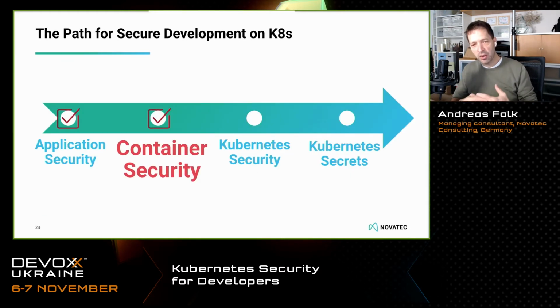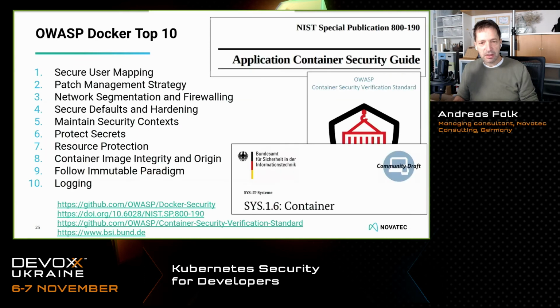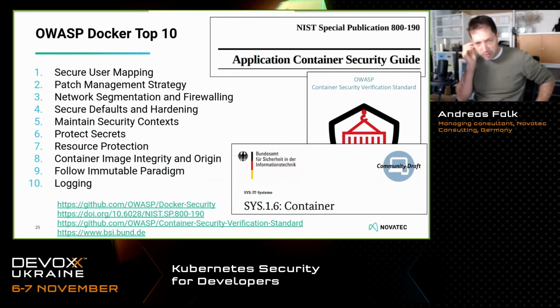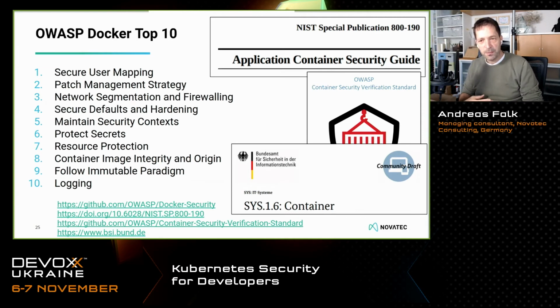If you now have a secure application that you can put inside a container, then you can go ahead. We will now talk about container security. The good point here is that when we talk about container security, you find plenty of good sources on the internet giving advice on how to secure your containers.